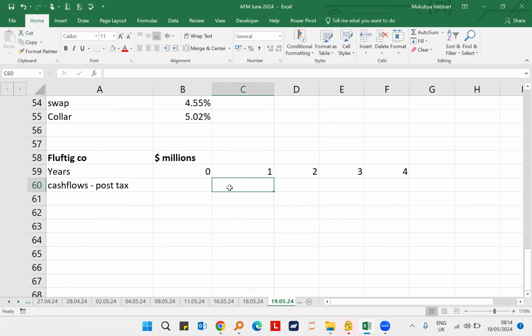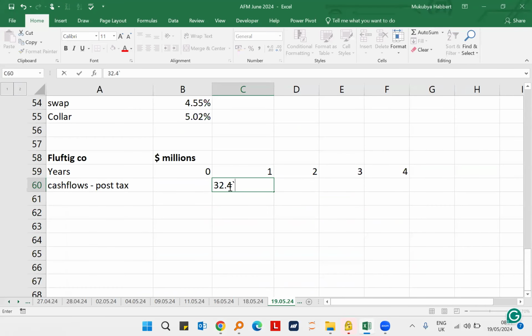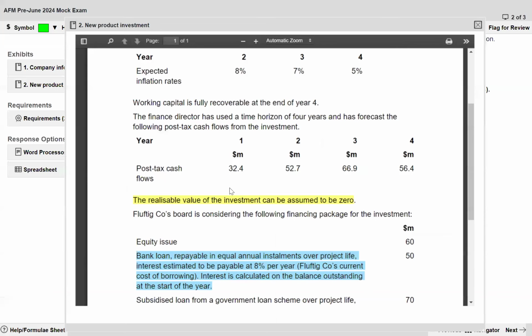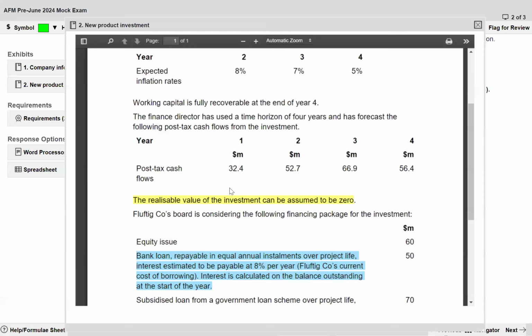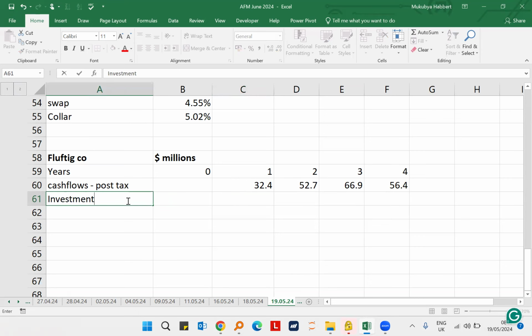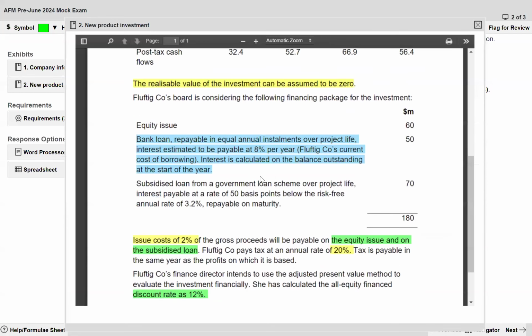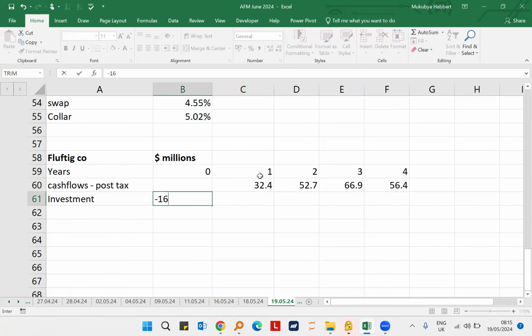So year 1, they are 32.4. Year 2, 32.7. Year 3, 66.9. And year 4, 56.4. Then the investment, they said it's going to be 160 million. And the scrap, they said it's 0.